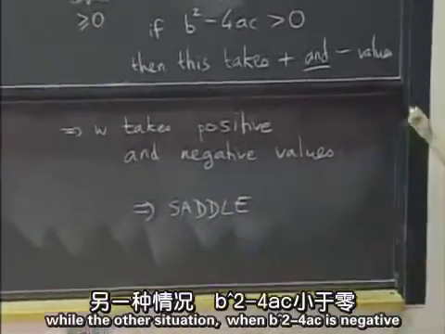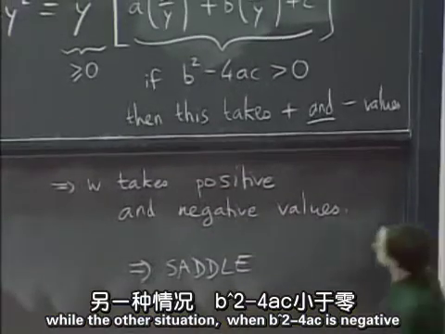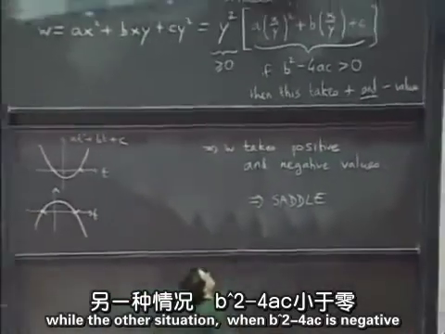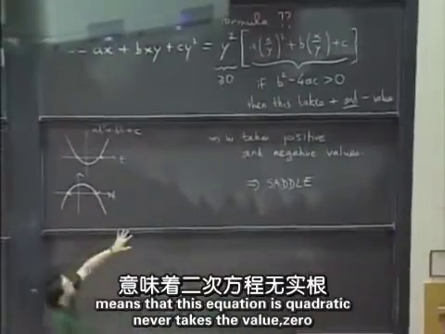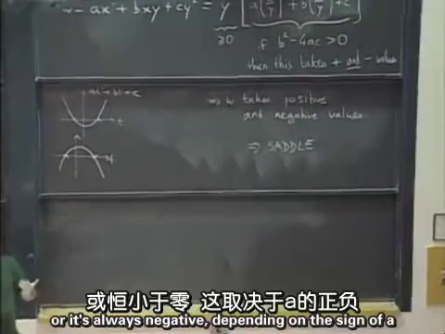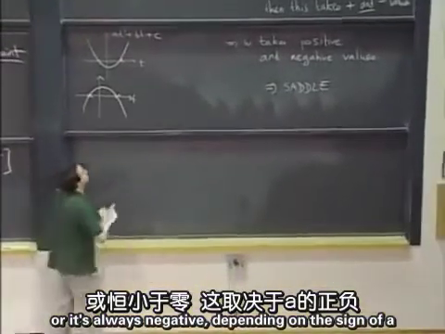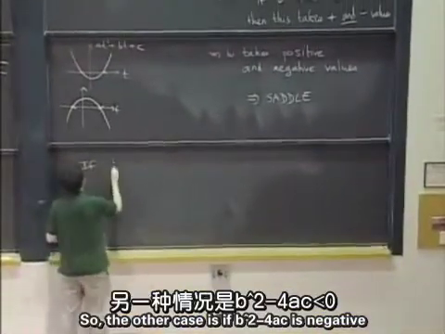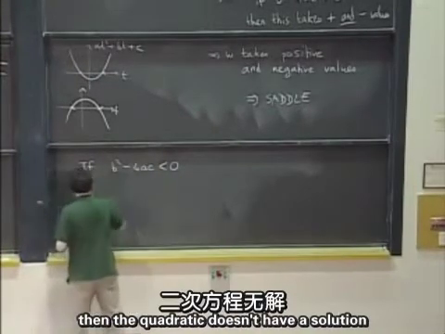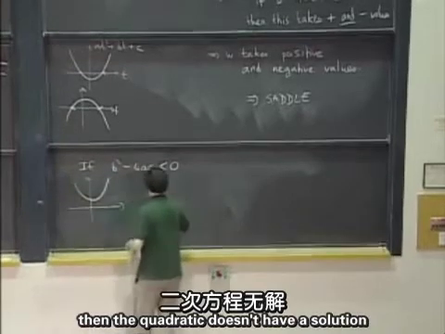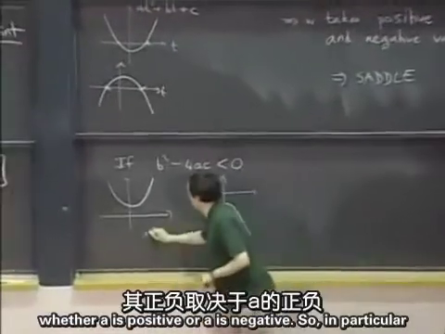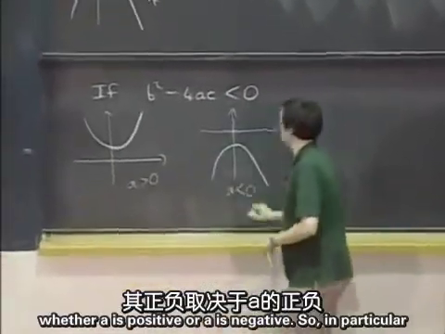While the other situation, when b squared minus 4ac is negative, means that this quadratic never takes the value 0. So it's always positive or it's always negative, depending on the sign of a. If b squared minus 4ac is negative, then that quadratic doesn't have a solution, and it could look like this or like that, depending on whether a is positive or negative.